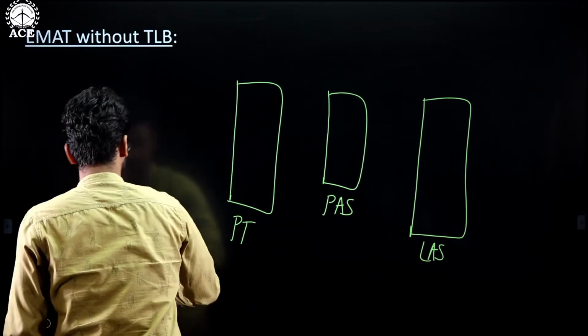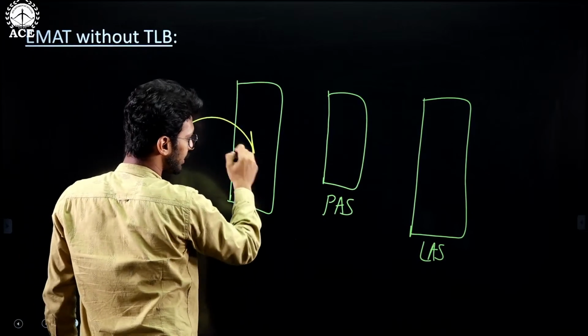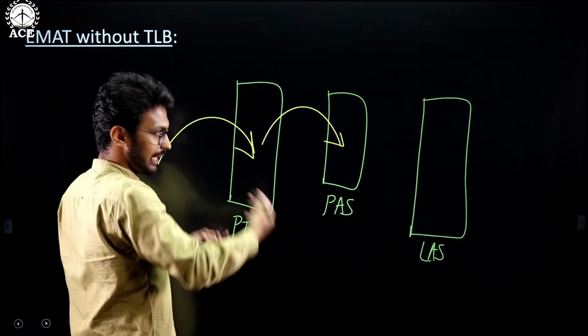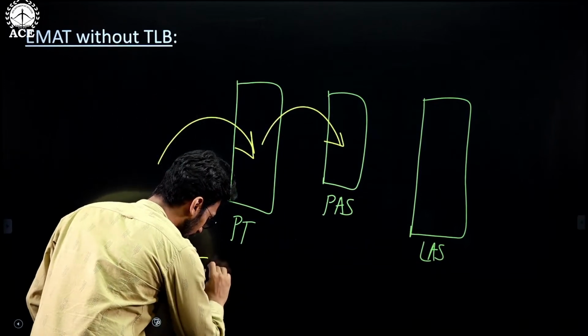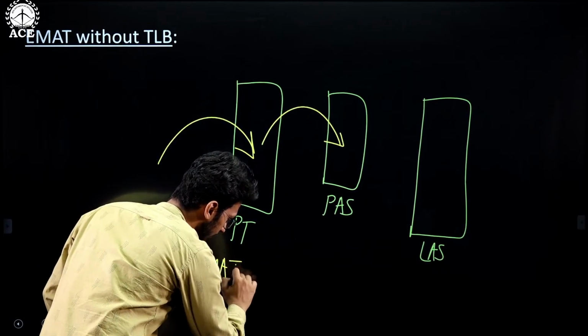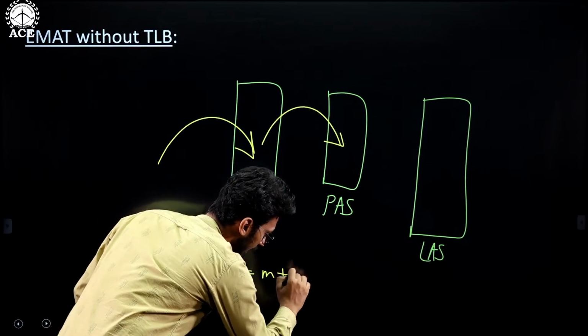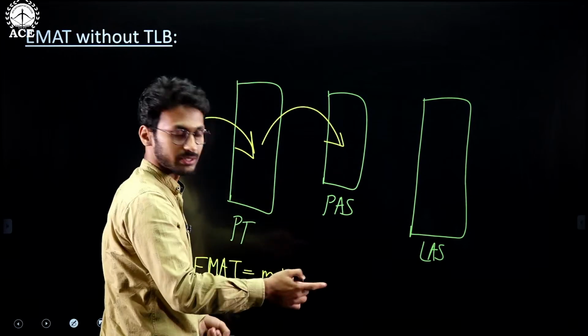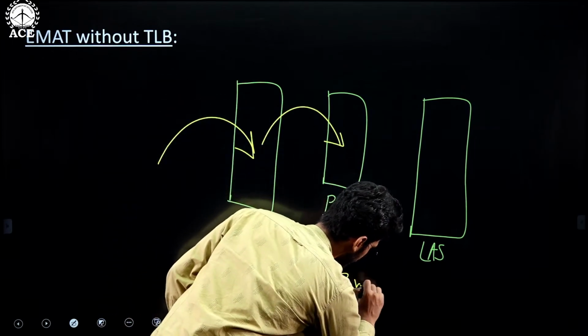Without TLB, what will happen? You will access the page table and then you will access the actual page. So EMAT will be M plus M. The first M is to access the page table, the second M is to access the actual page. M plus M, 2M. Done.